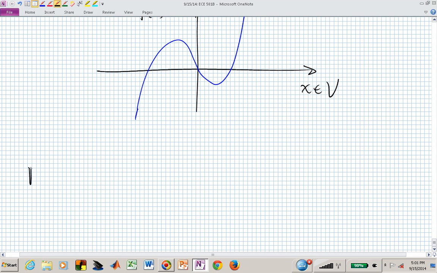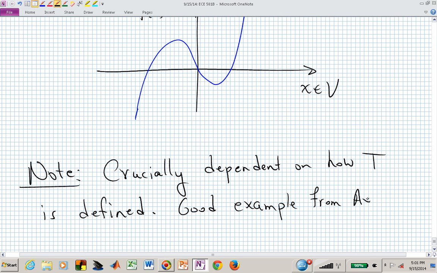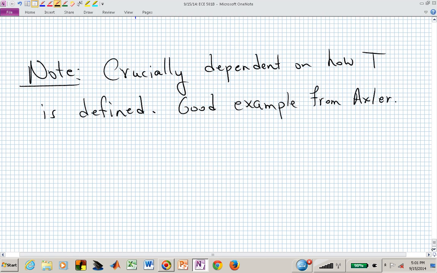This range space, or what you're actually able to map to, is crucially dependent on how your linear map T is defined. Here's a good example from the book. Suppose that we have the differentiation map.